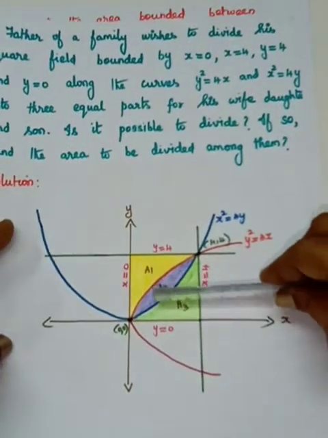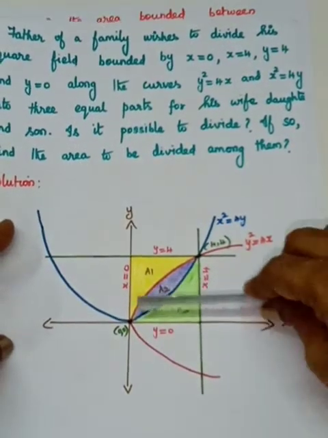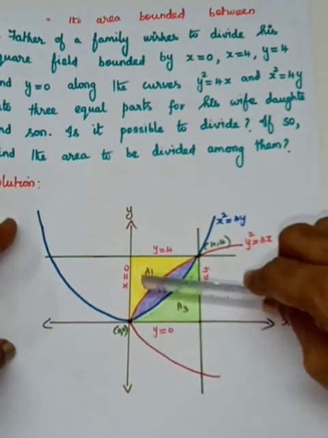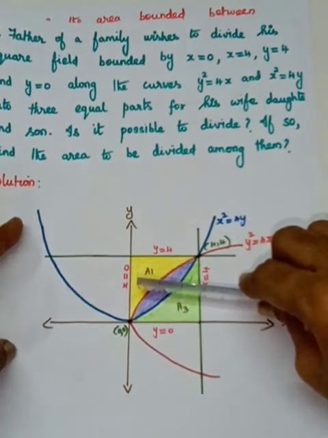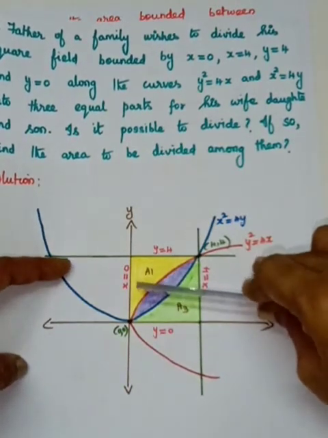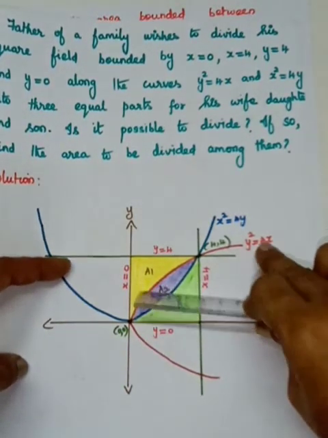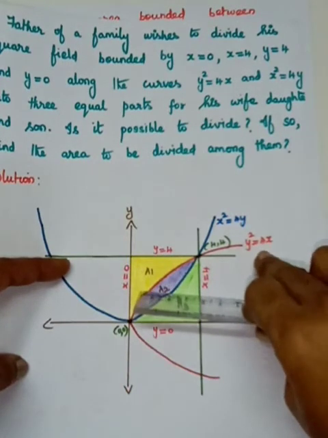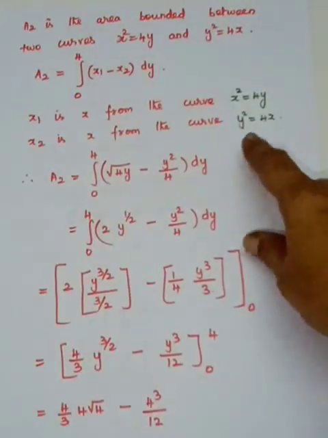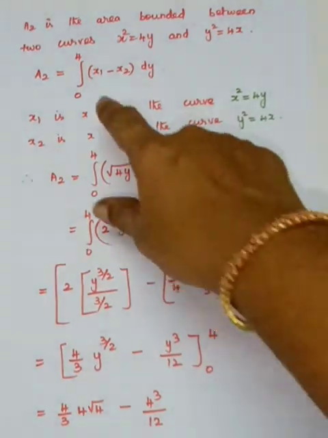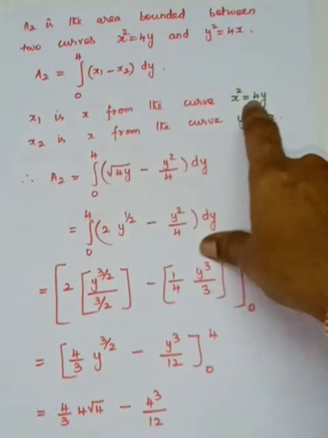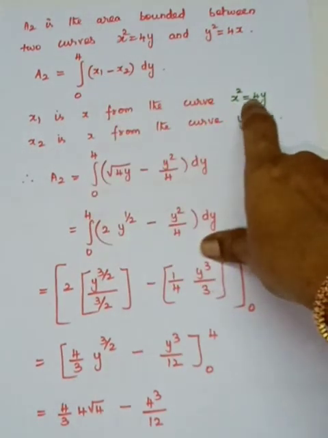Then this arbitrary line parallel to x-axis next touches the red color curve, that is y squared is equal to 4x. So the next x has to be taken from y squared is equal to 4x. Now in the place of x1 you are going to take x from the curve x squared is equal to 4y.